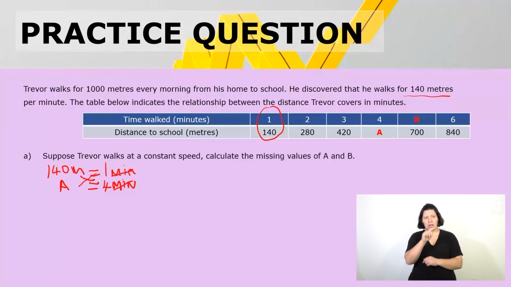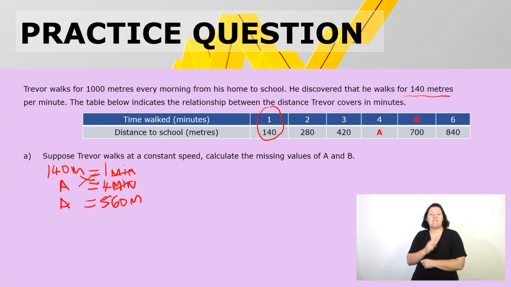Let's use our calculator. 140 multiplied by 4 gives us 560 meters. Then A times 1 gives us A. In other words, if Trevor has walked 4 minutes, he shall have covered 560 meters.